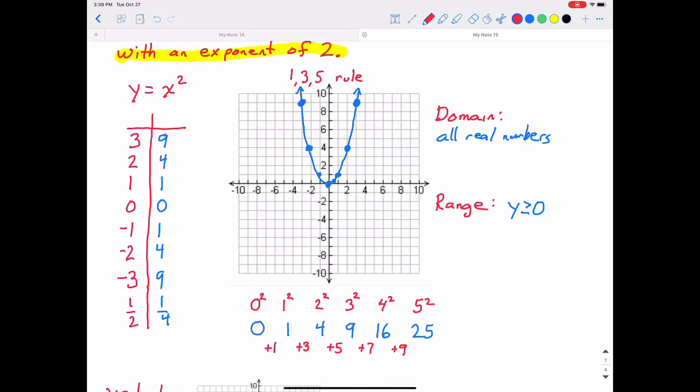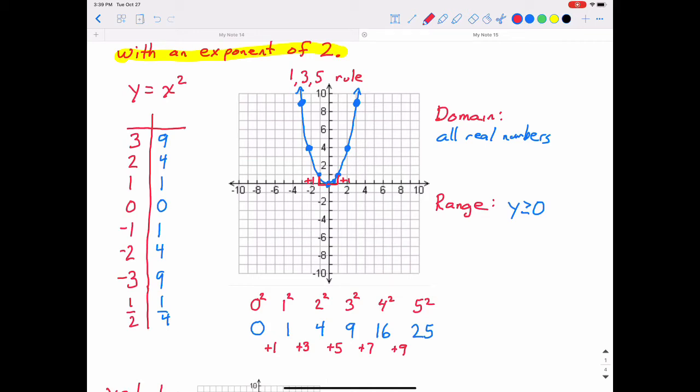What the 1, 3, 5 rule is: starting at the bottom of the graph, at the vertex, I can find my next set of points by going out 1 and then up 1 unit, on both sides.